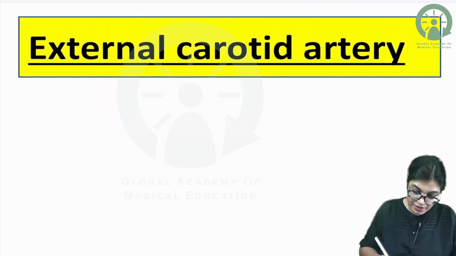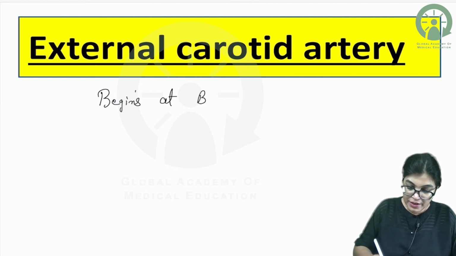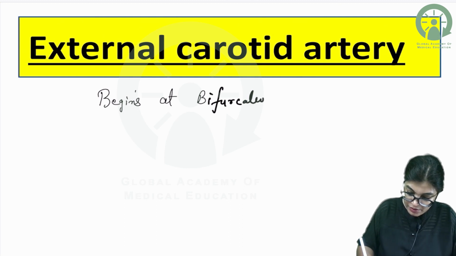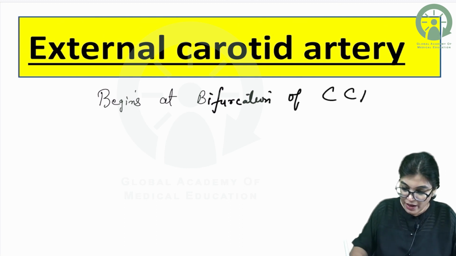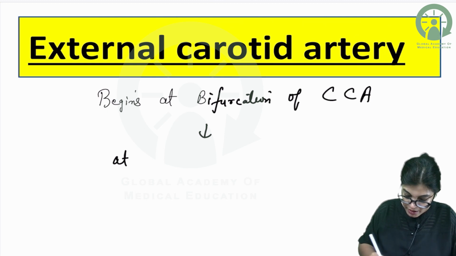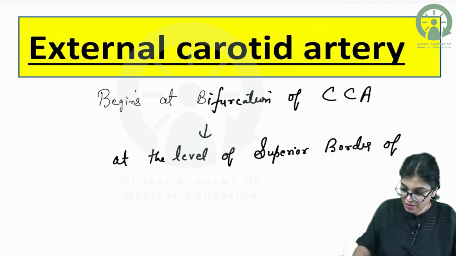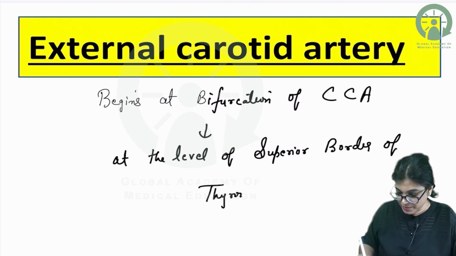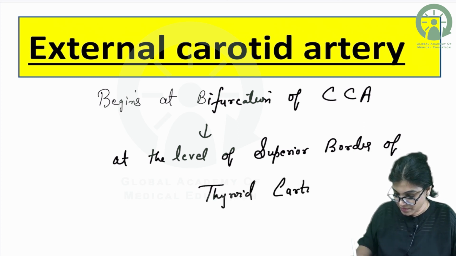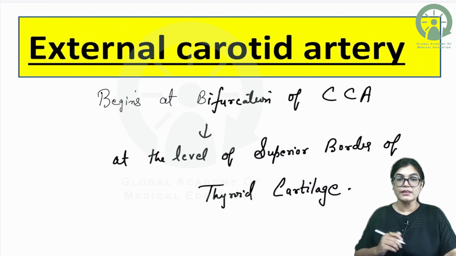External carotid artery begins at the bifurcation of common carotid artery at the level of superior border of thyroid cartilage.